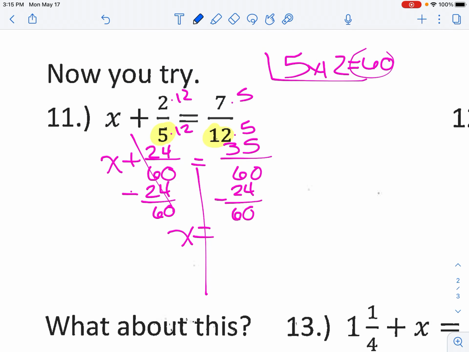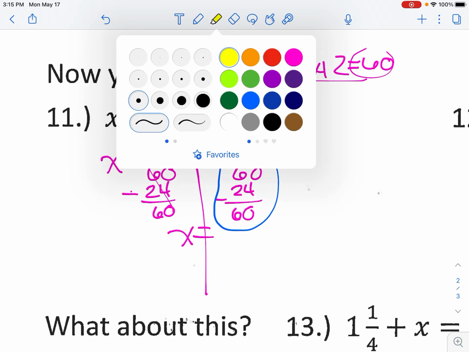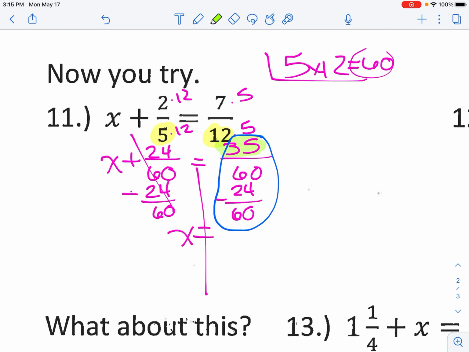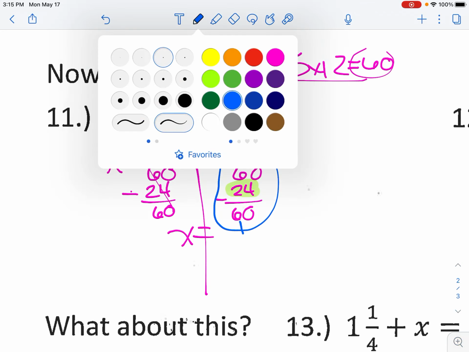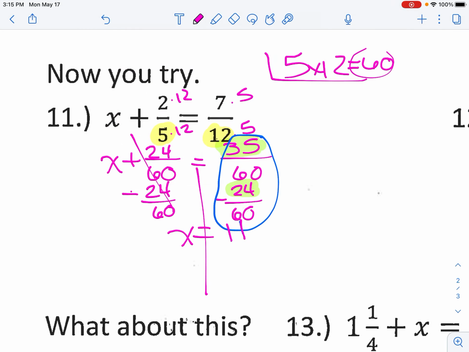So over here on the left, I'm looking at this problem, and right now I'm focused on my numerators, 35 minus 24. 35 minus 24 is 11, so x equals 11/60. Next step, substitution. We're going to rewrite this equation using our solution for x.